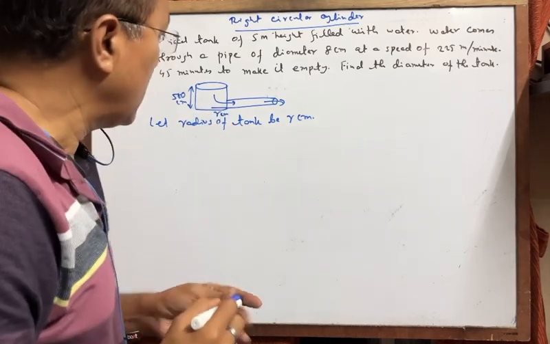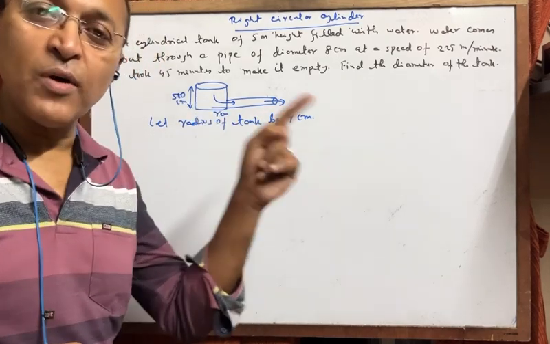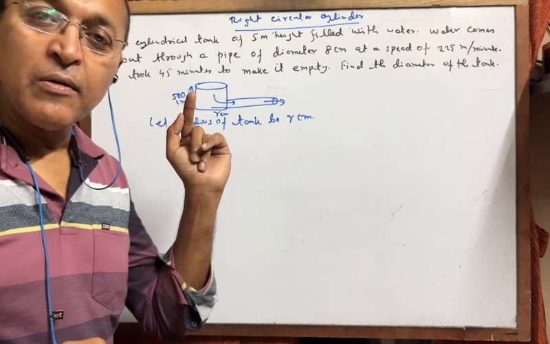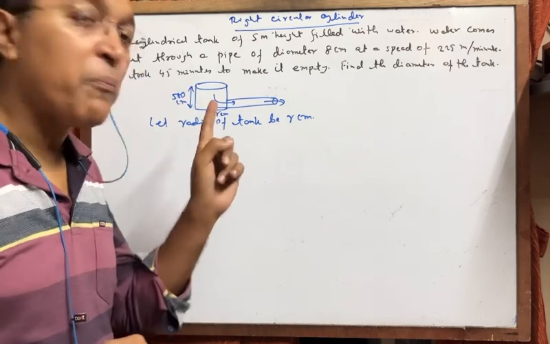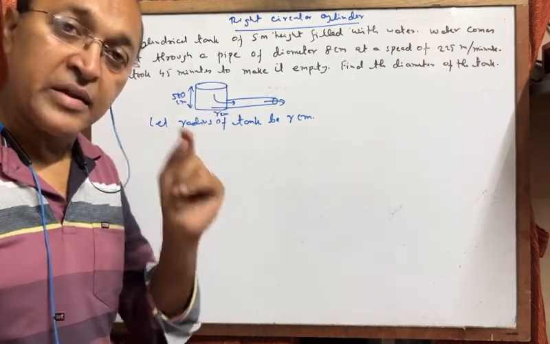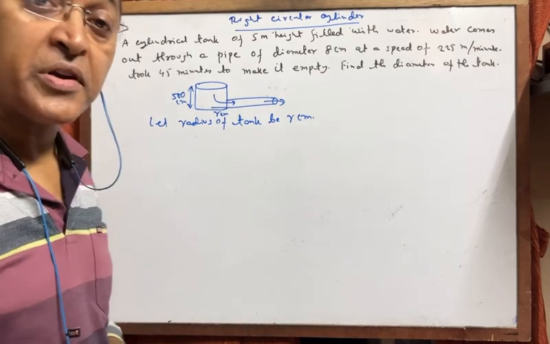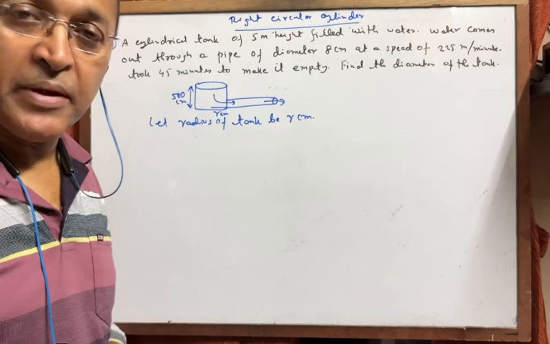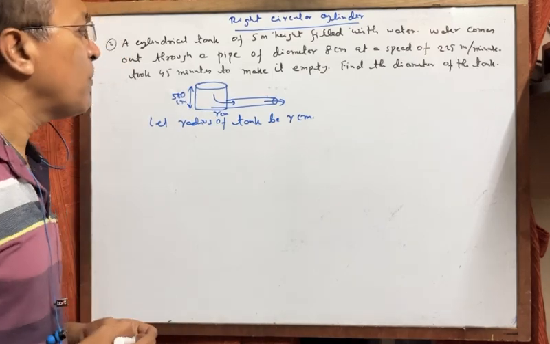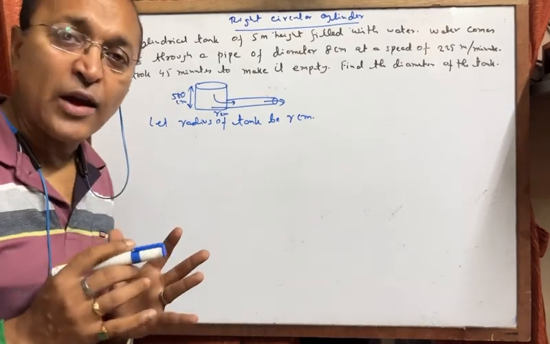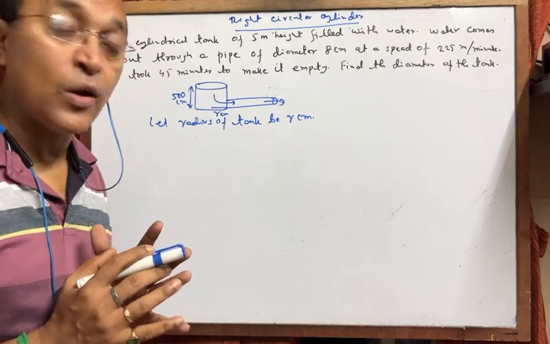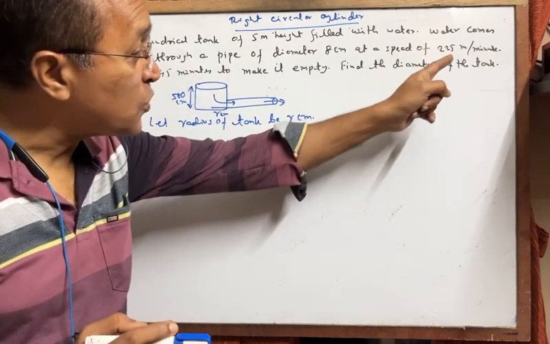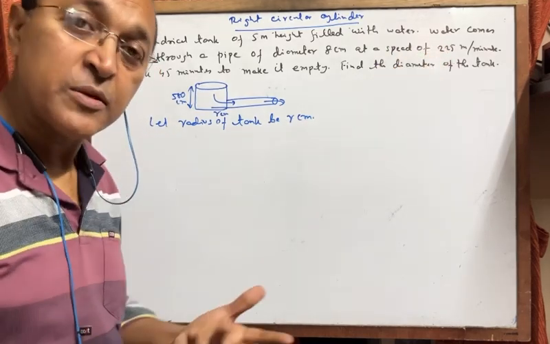Water is draining out through a pipe from that tank, and it took 45 minutes to make the tank empty. So the question is, at what rate is water flowing out? At a speed of 225 meter per minute. What does it mean?